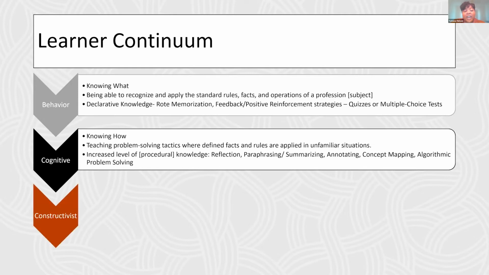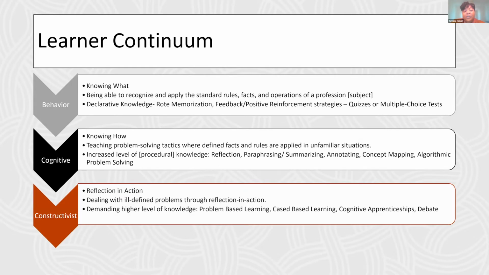And lastly, we have our constructivist theory, where we are reflection in action. So this is more of doing. We're dealing with ill-defined problems through reflection in action. And ill-defined problems is basically there isn't one right solution. There isn't one way to solve the problem. And students are able to reflect, which is more of the cognitive level.